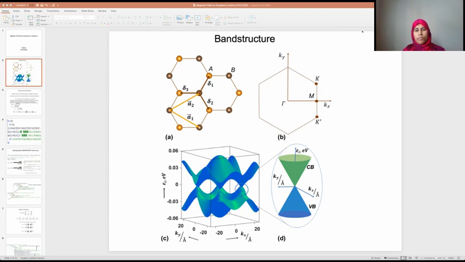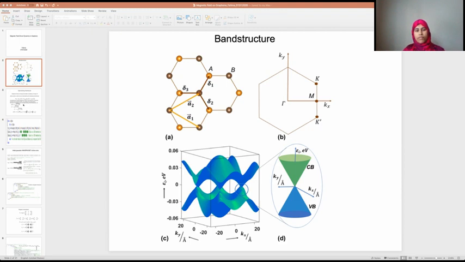Okay. So in the top left panel, we can see the graphene lattice structure. Graphene has a triangular lattice structure with a basis of two atoms. A1, A2 are lattice vectors, and delta 1, delta 2, delta 3 are nearest neighbor vectors. On the top right panel, we can see the first Brillouin zone.